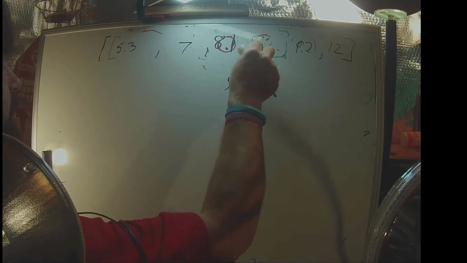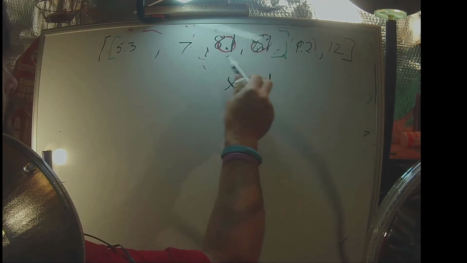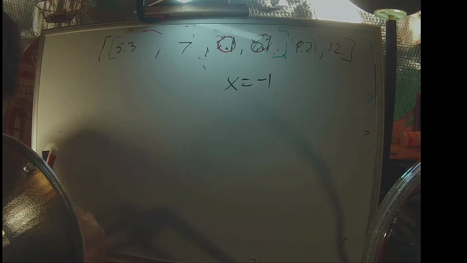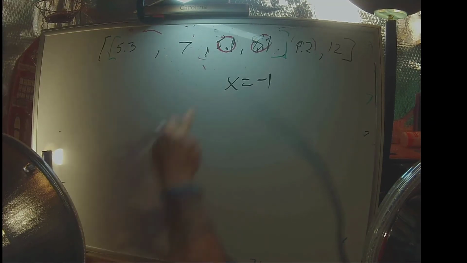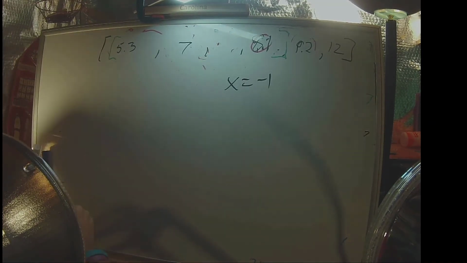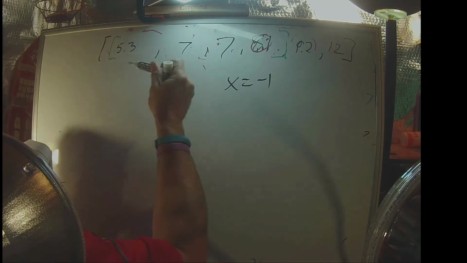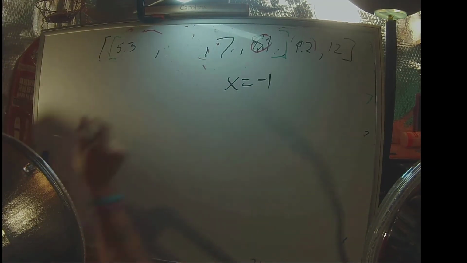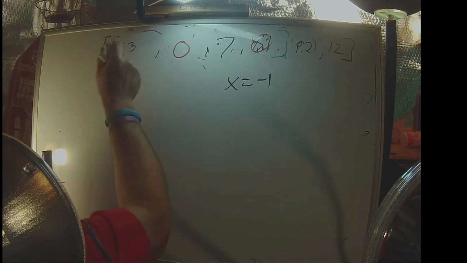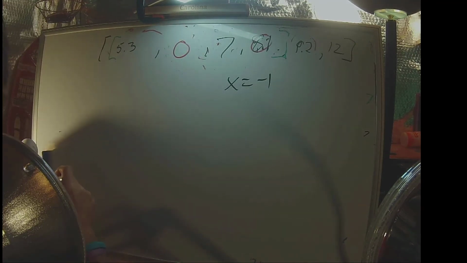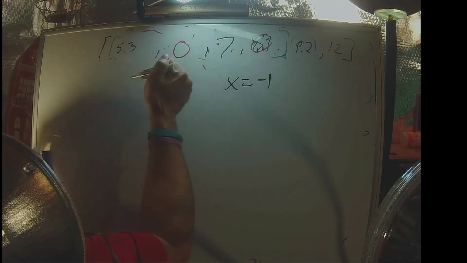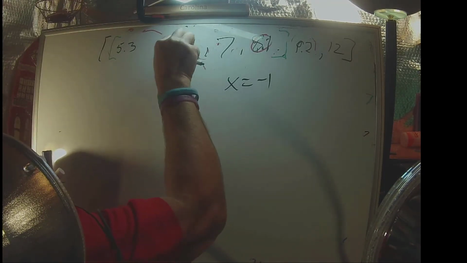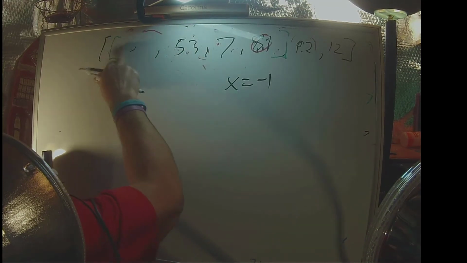Well, yes, it is. So 8.1 goes here. We move our hole down 1. Is -1 less than 7? Well, yes, it is. So we will move our 7 into the hole and move our hole to where the 7 was. Is -1 less than 5.3? Well, yes, it is. So 5.3 gets put here. Our hole gets moved to the end.